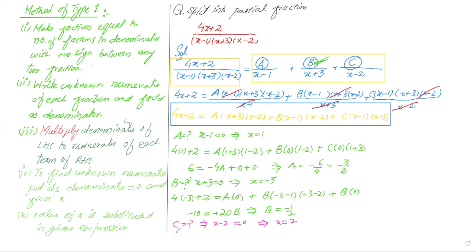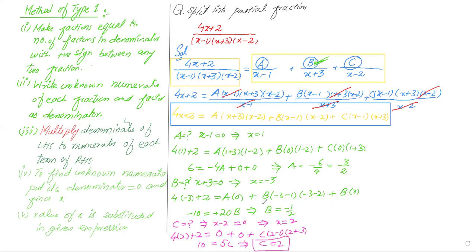So I will write 4 times 2 plus 2. Then the first term will be 0, the second term will be 0, and the third term will be C into 2 minus 1, and then we have 2 plus 3. It becomes 10 is equal to 5C. Ultimately, I will get C is equal to 2, if I'm not wrong.